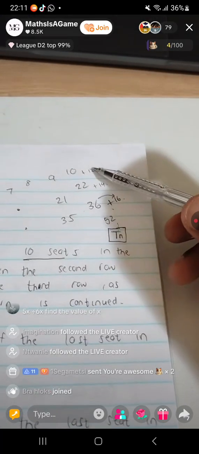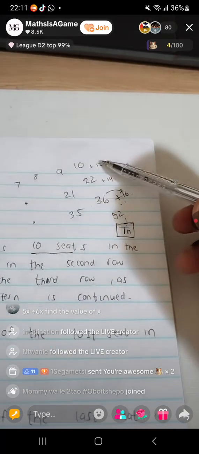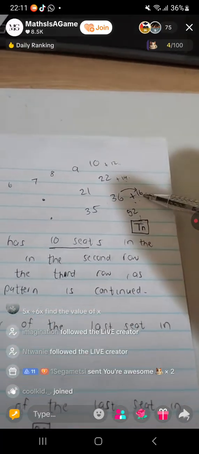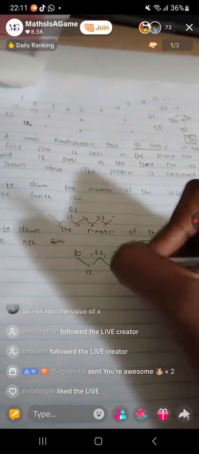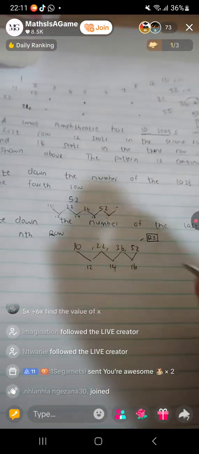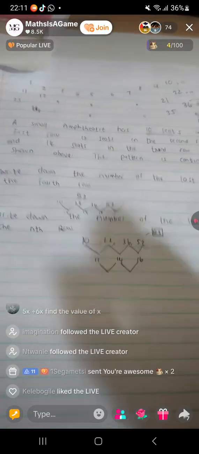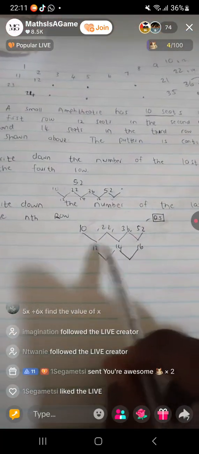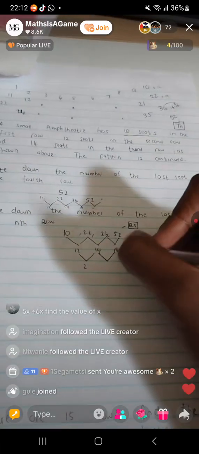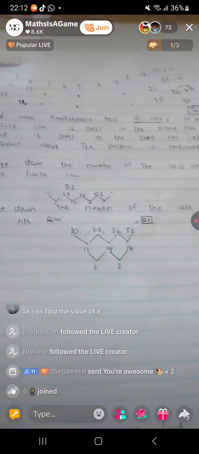How do I know that, guys? The reason why I know that is because I could see that the first difference here, 12, 14, 16, in and of itself is a giveaway to me. 12, 14, 16. That means I have a second constant difference. 14 minus 12 is 2. 16 minus 14 is 2.